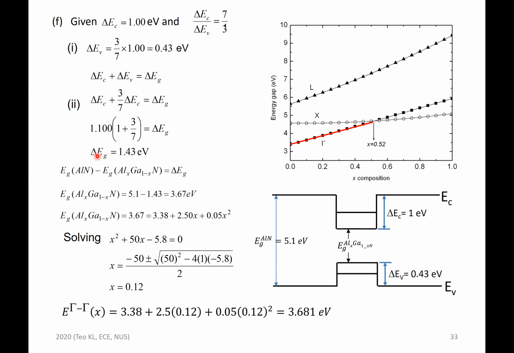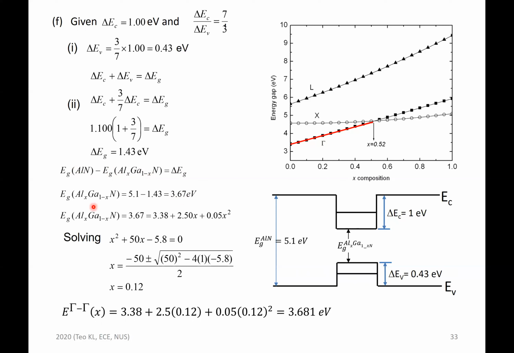The difference in band gap is the band gap of aluminum nitride minus the band gap of aluminum gallium nitride. So that gives you 5.1 minus 1.43, which is the band gap of the aluminum gallium nitride, 3.67 eV.